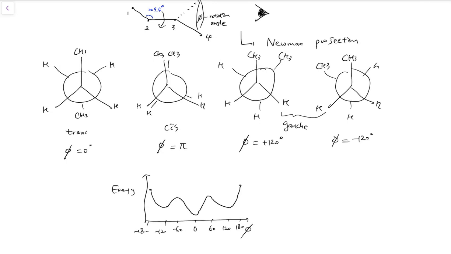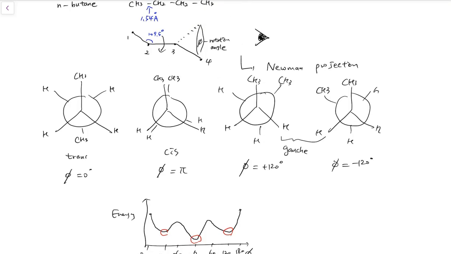Okay, so trans or gauche conformations, especially trans, is the lowest energy state. Also, gauche is a relatively low energy state. So in nature, if polymer chains consist of this kind of carbon-carbon single bond, they will exhibit either trans or gauche conformation for each carbon-carbon single bond.